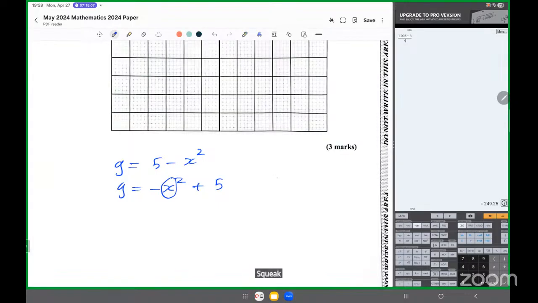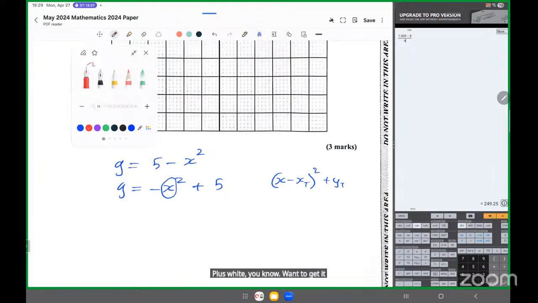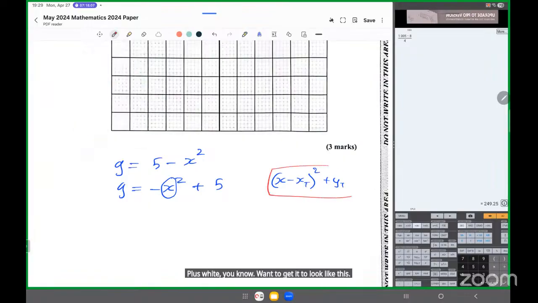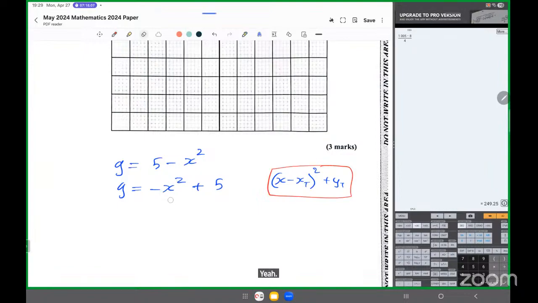I want to get it in the form x minus xt squared plus yt. When it looks like this, we know what the turning point is. So it's two values there. This is like the yt right now, and this is the only x term in it.